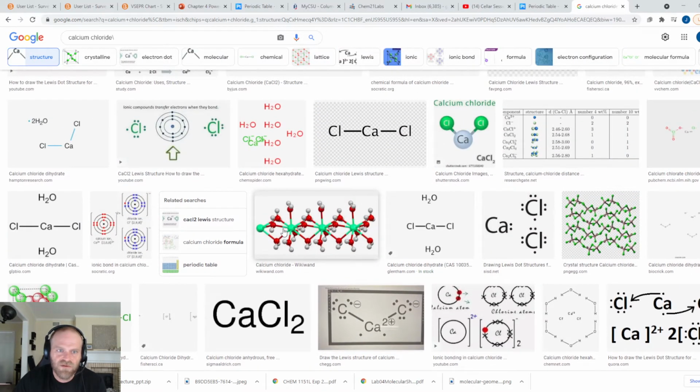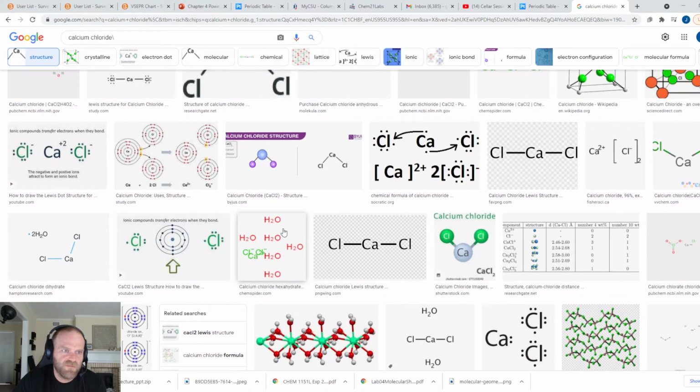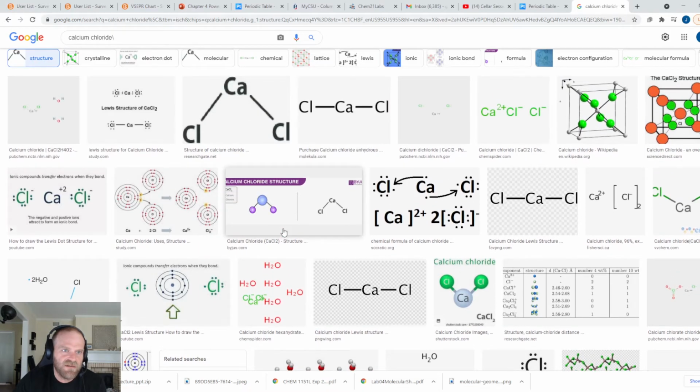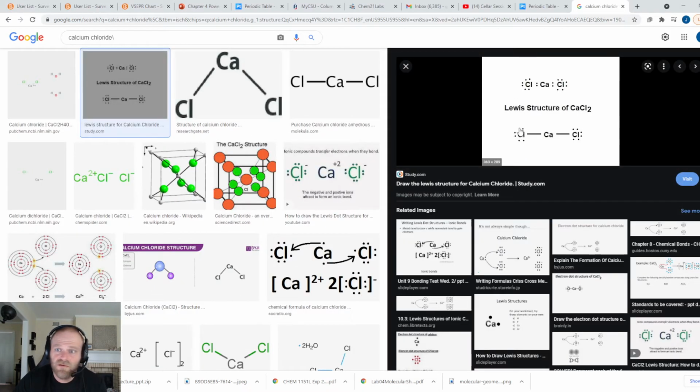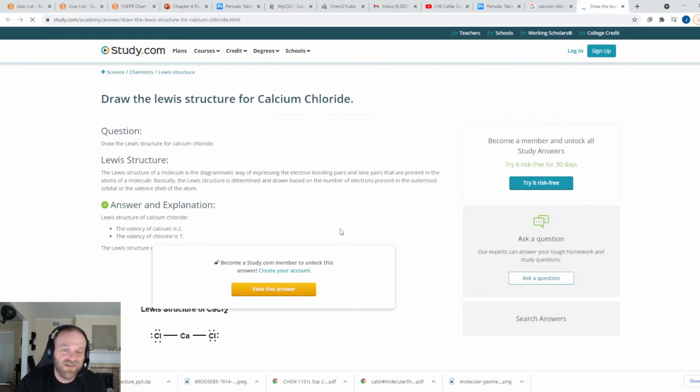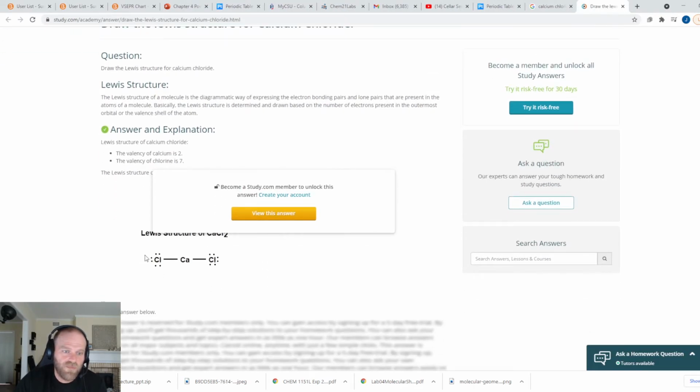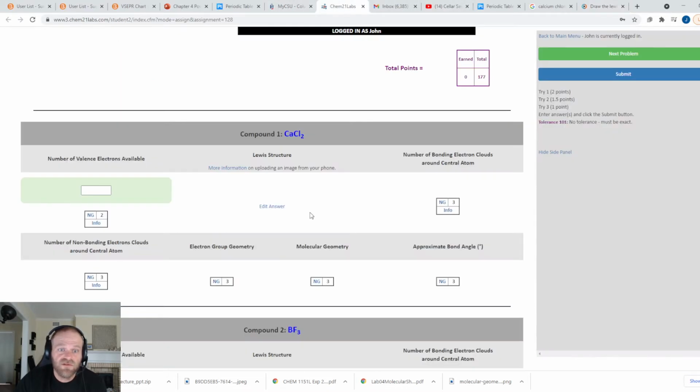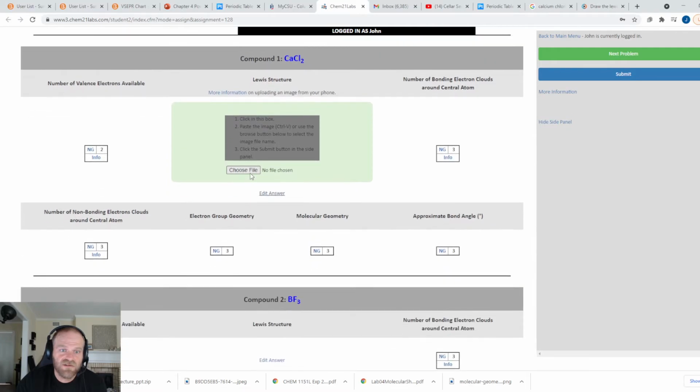So where's a Lewis dot structure that is completed? Right here. Okay, so I could say download that or copy this image here, right? Copy image, come over to this, edit answer, choose file.